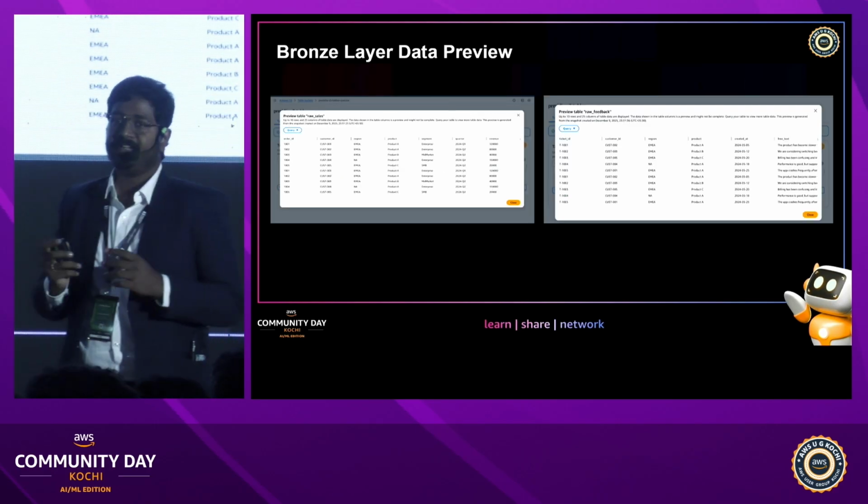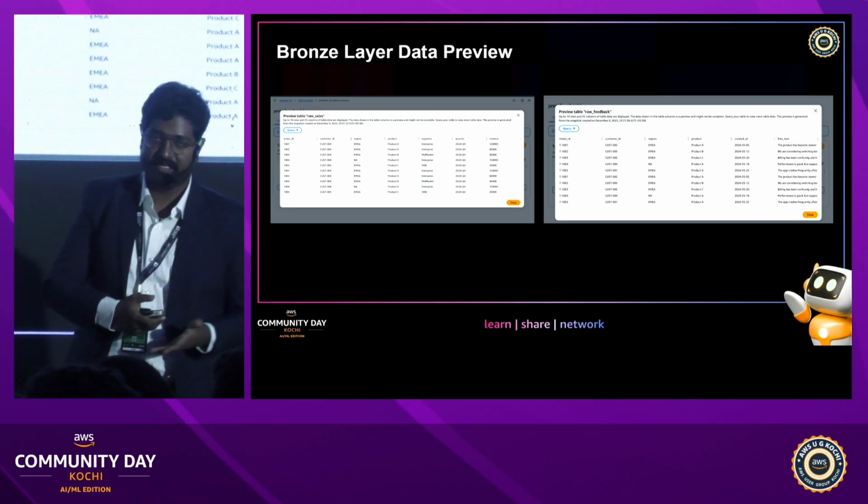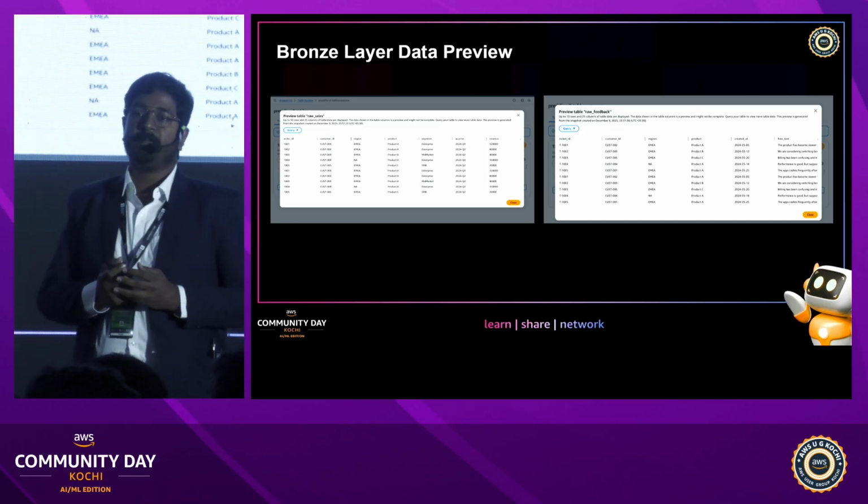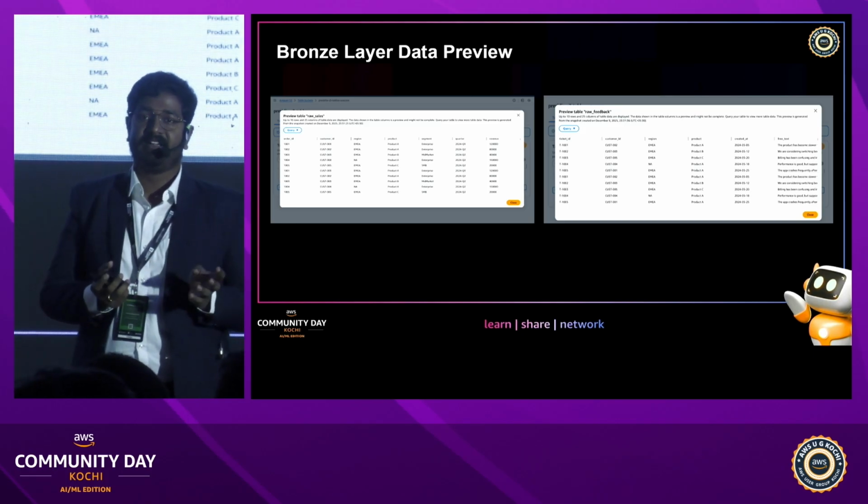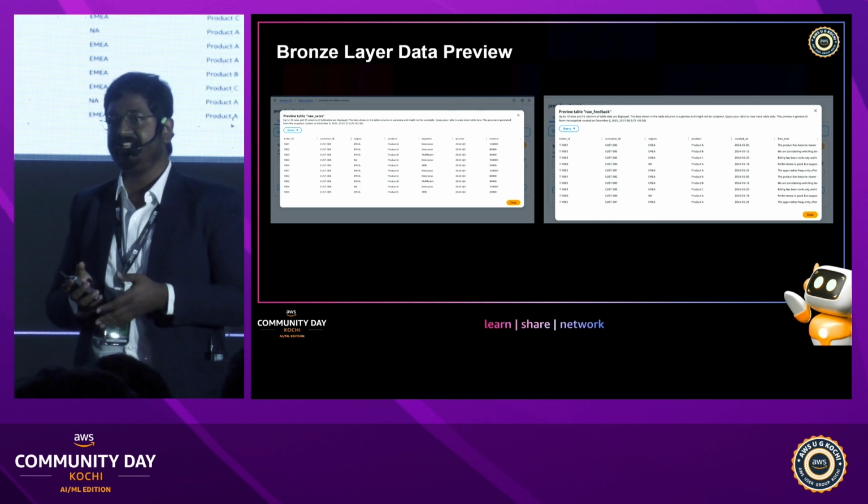To recap on the bronze layer, generally there would be a question: why do we store messy data, or why do we have a copy of the source?